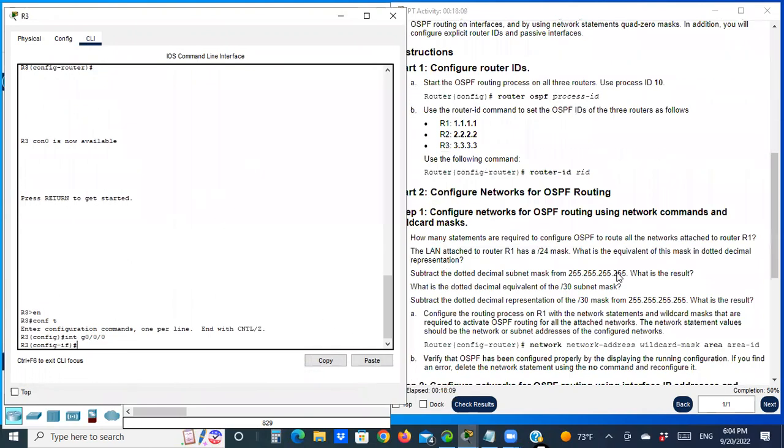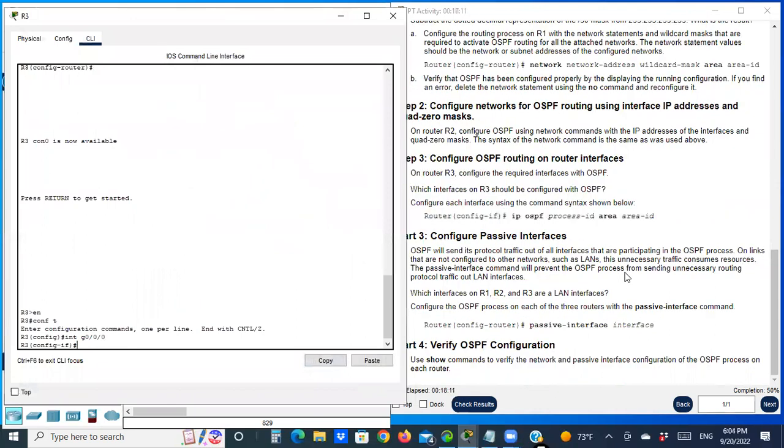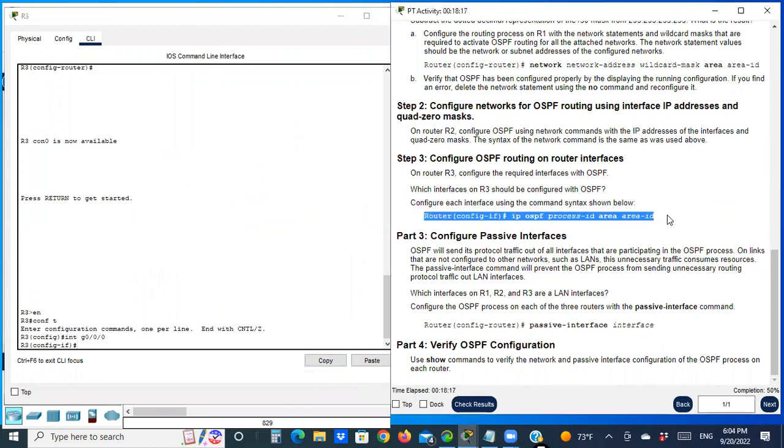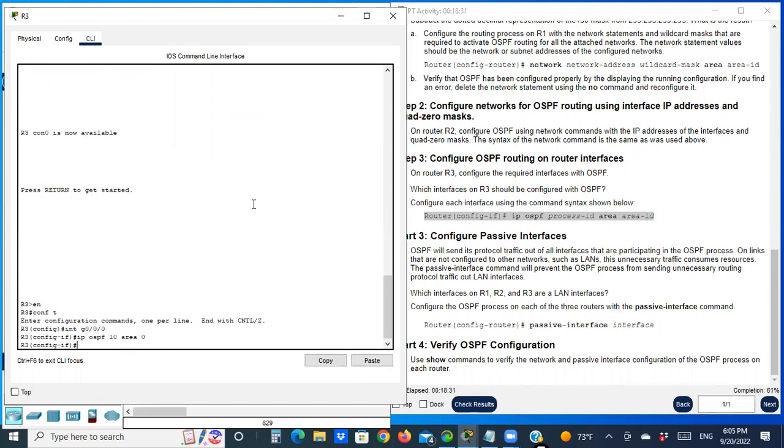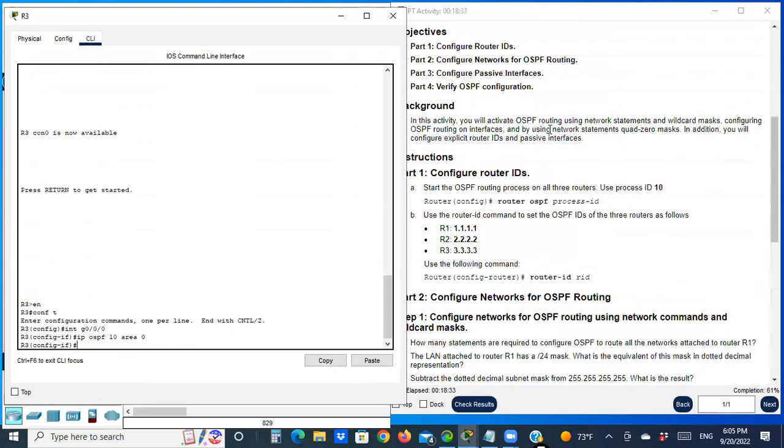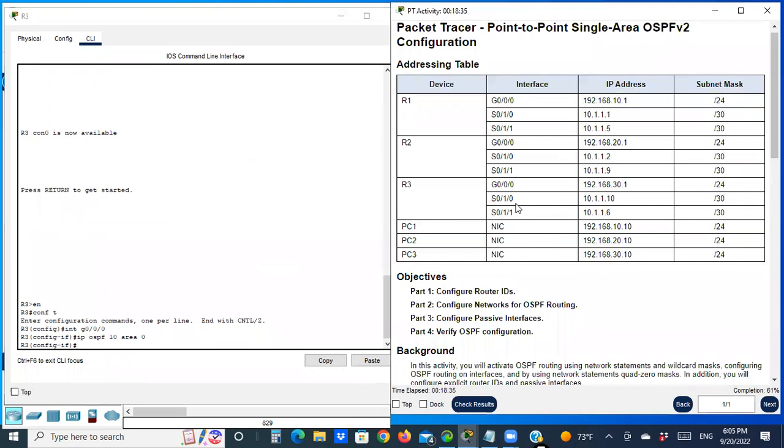To see which command we need to use, it's this one: ip ospf, process ID is 10, area 0. And there are two other interfaces we need to configure.